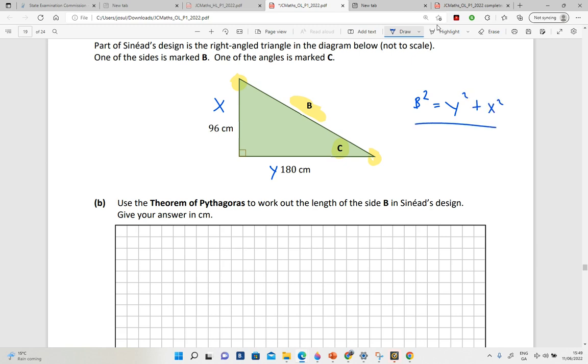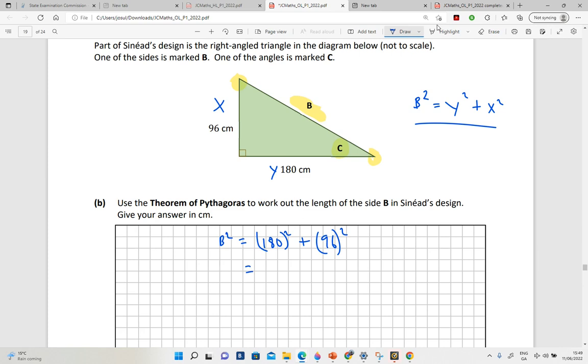Okay, so that's the formula we're going to end up using. So let's start with that. So we don't have B, that's what we're trying to find. So Y squared is 180 and X squared, 96.